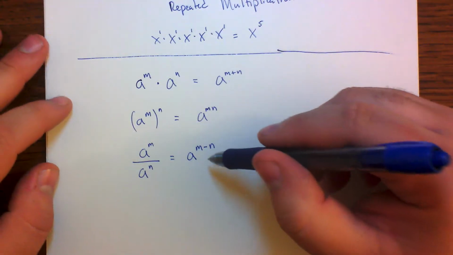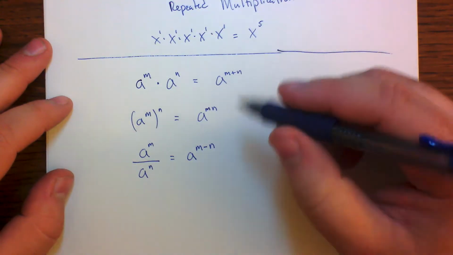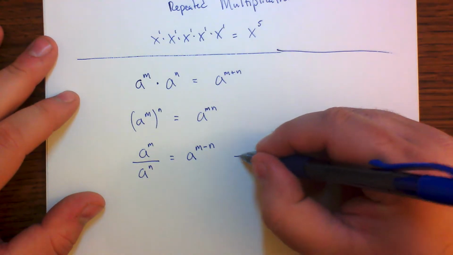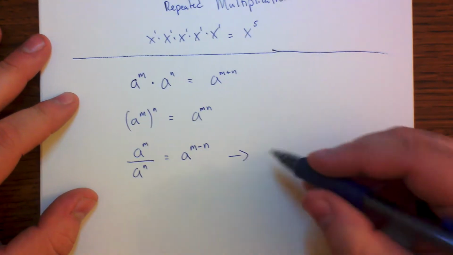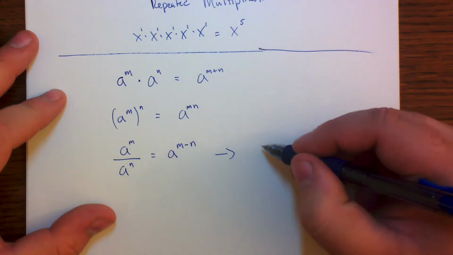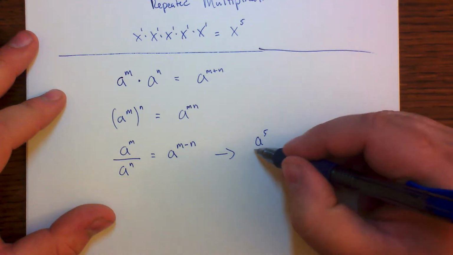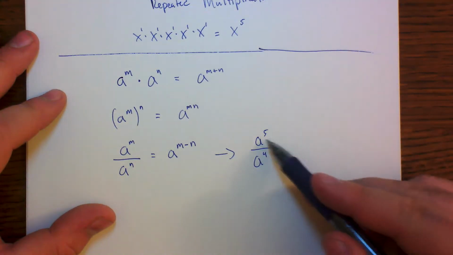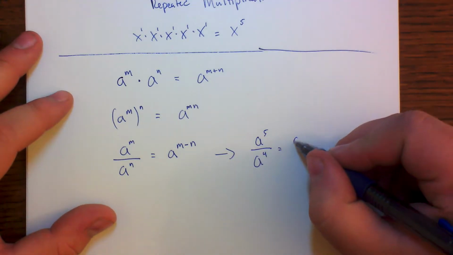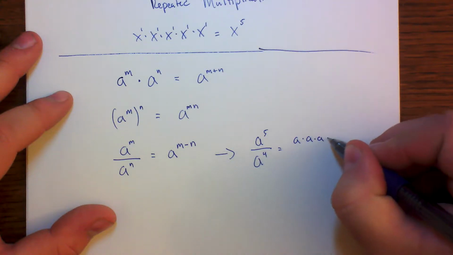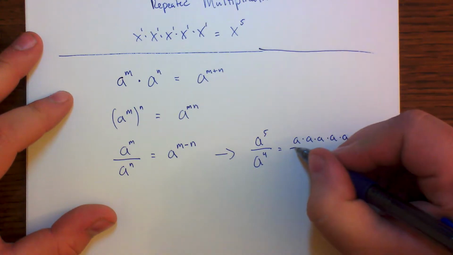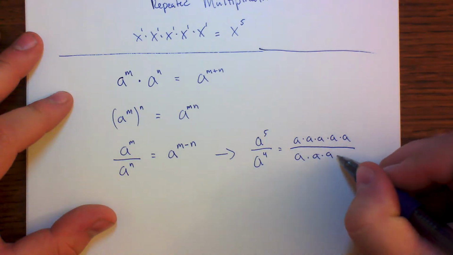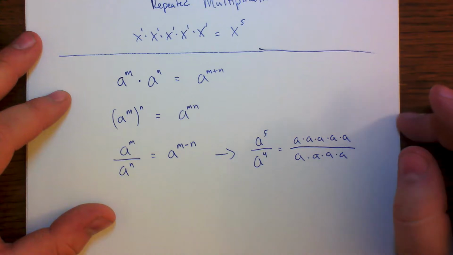Another way to represent this is with a little example. Let's say we have a to the 5th power divided by a to the 4th power. That a to the 5th power really represents 5 a's multiplied by each other, divided by 4 a's multiplied by each other.